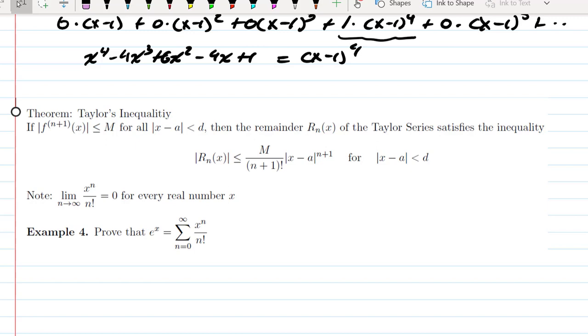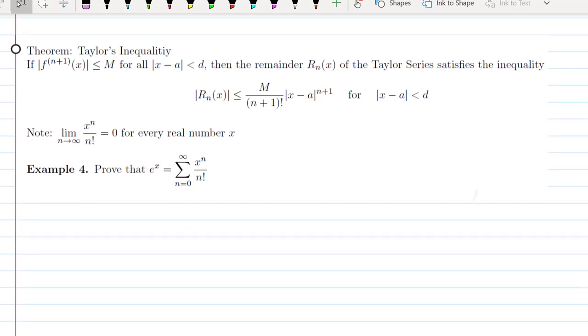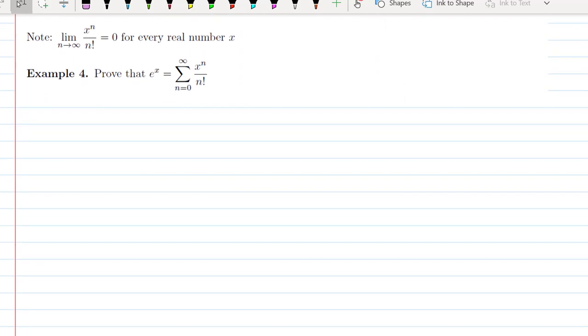All right, we want to prove that e to the x is equal to the sum of its Taylor series at 0, or its Maclaurin series, the sum as n goes from 0 to infinity of x to the n over n factorial. So what we need to show is that the remainder goes to 0 regardless.